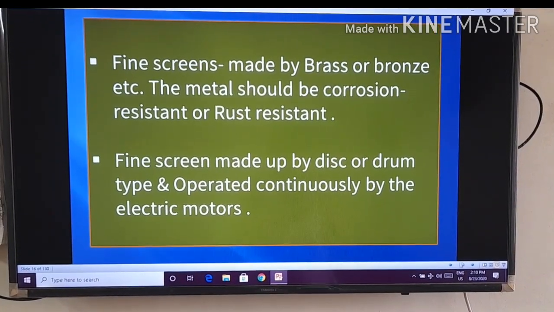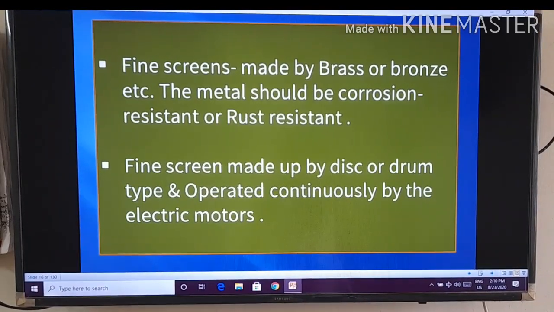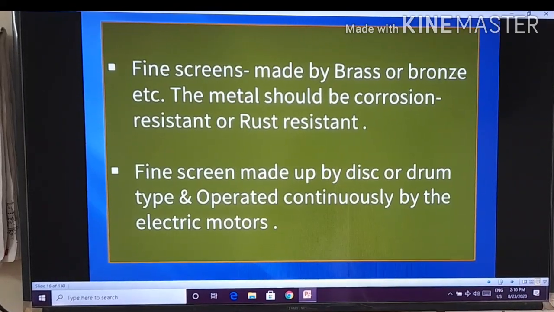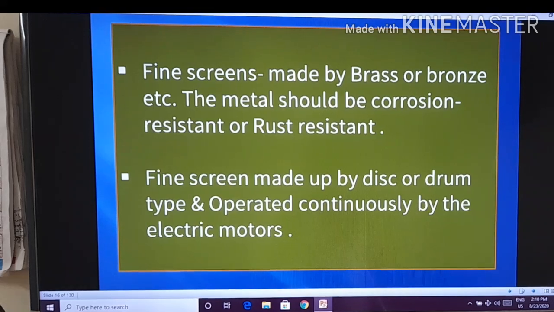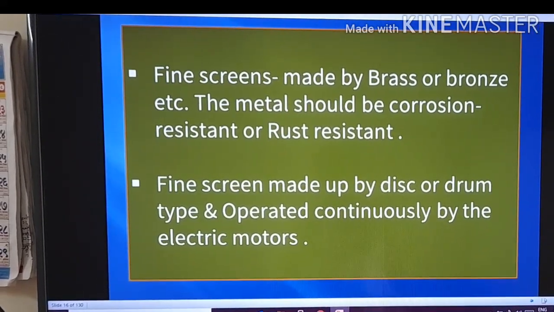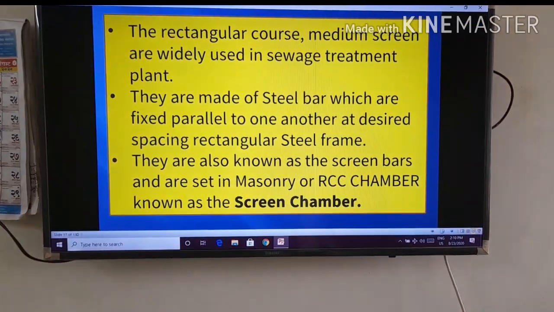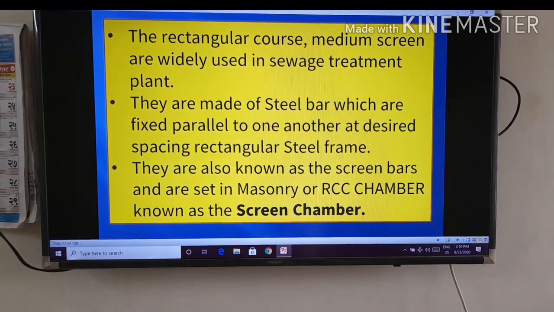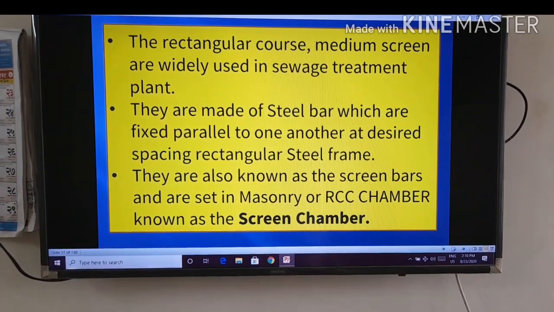Fine screens are made of brass or bronze, etc. The metal should be corrosion resistant or rust resistant. Fine screens are made up of disc or drum type and operated continuously by electric motors. The rectangular coarse and medium screens are widely used in sewage treatment plants.